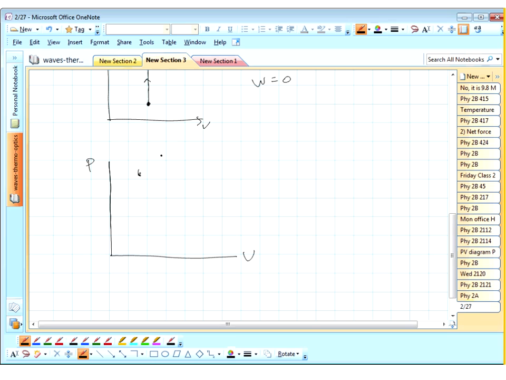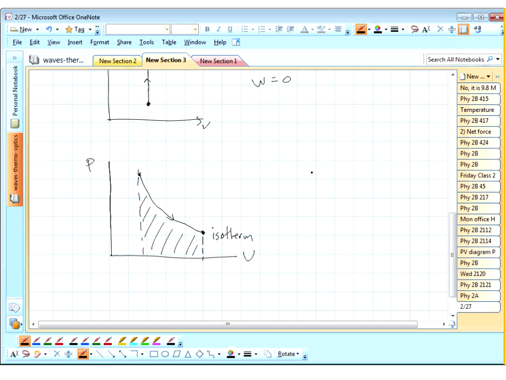So an isotherm looks something like this. If you're told that that's an isotherm, in other words, anywhere on that curve, the temperature is the same, right? Isothermal process means temperature is a constant. So when you integrate, you get an integral of 1 over the volume. You integrate to get the area under the curve. If this was a calculus-based physics class, we would want to find the area under that curve.